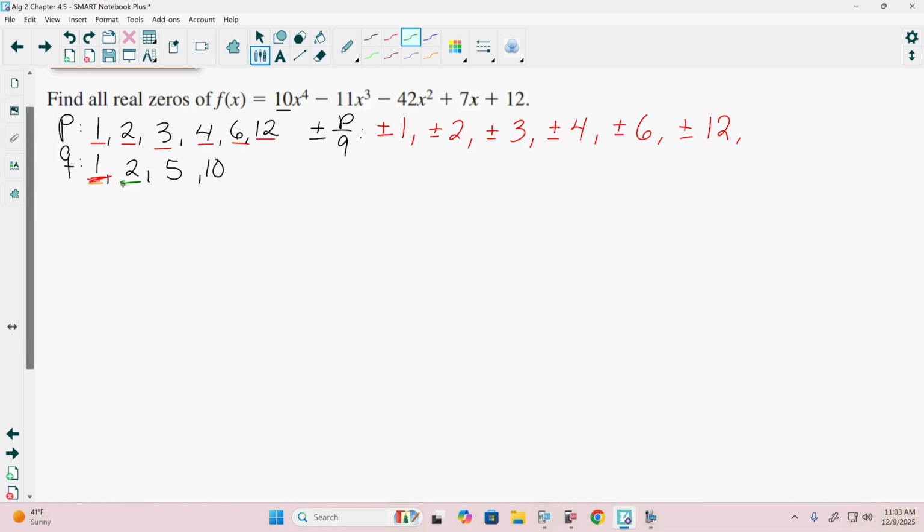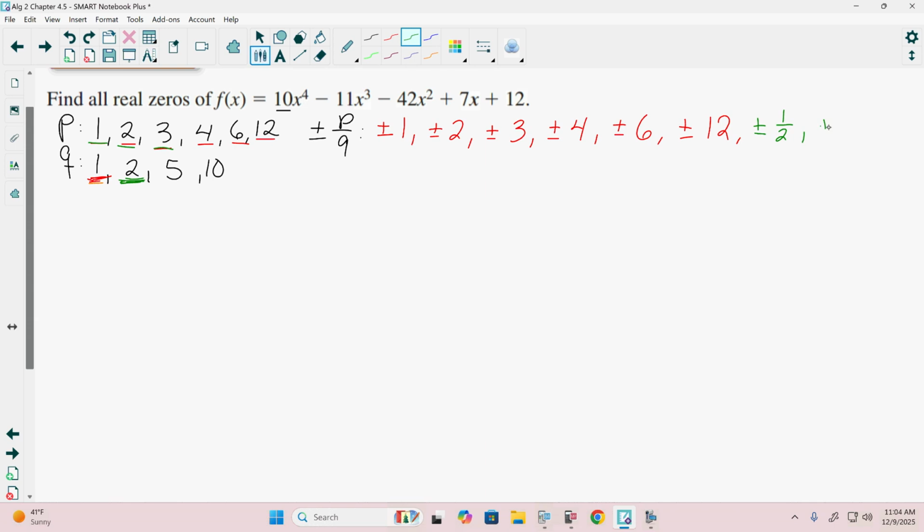Now what I do is I move on to 2. And I do it this way to make sure we get each of the factors. If a factor shows up more than once, we don't write it more than once. So the next one we're going to have is 1 over 2. Well, 1 does not divide by 2. It doesn't simplify, it's just 1/2. Next one we have is 2 over 2. Well, what is 2 over 2? 1, do we have it? Yeah, we're not going to list it again.